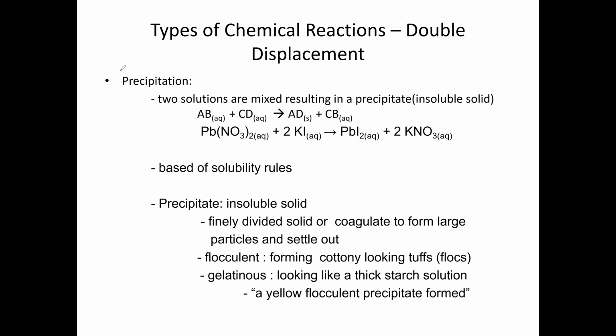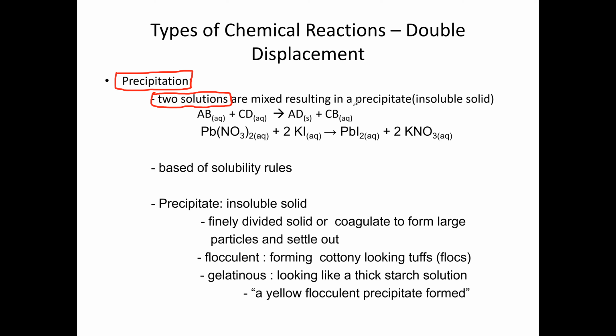The first type of double displacement reaction we're going to talk about is the precipitation reaction. Double displacement reactions are probably more about how you're going to explain why certain household chemicals react with others. You're going to be talking about, most of the time, double displacement reactions. With precipitation reactions, the key thing is that your reactants are solutions.